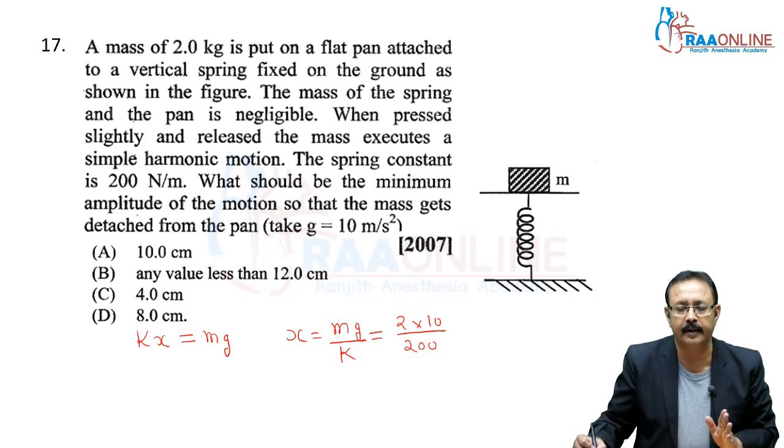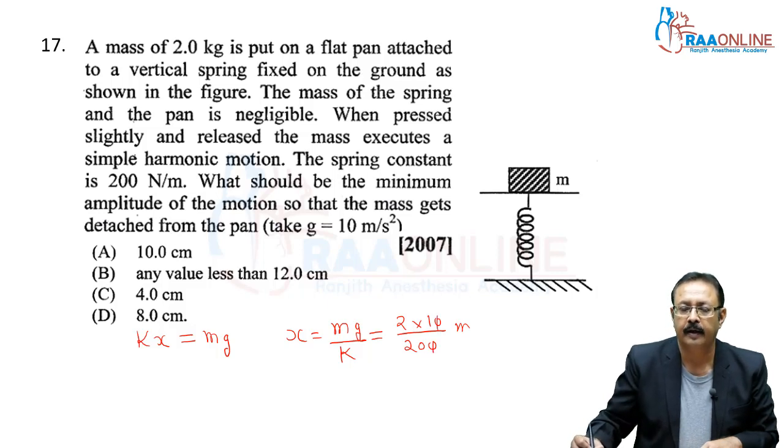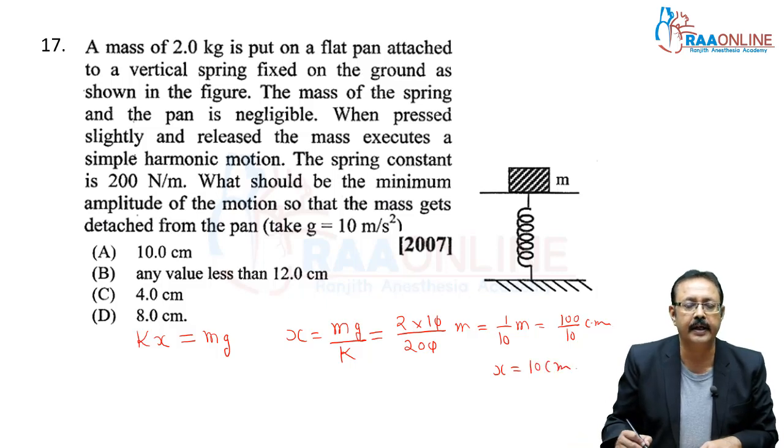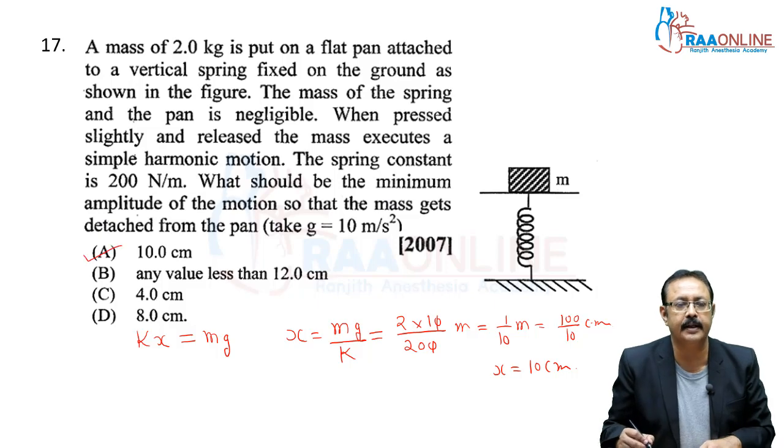All things are given in SI units, so we will get the answer in meters. If you want your answer in centimeters, it is 1 upon 10 meter or 100 upon 10 centimeter. So X should be equal to 10 centimeter.